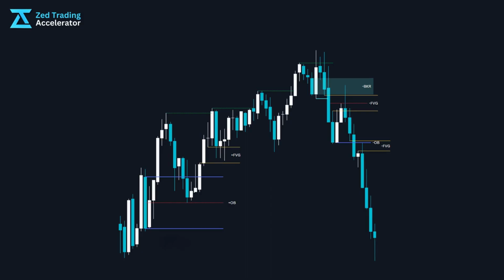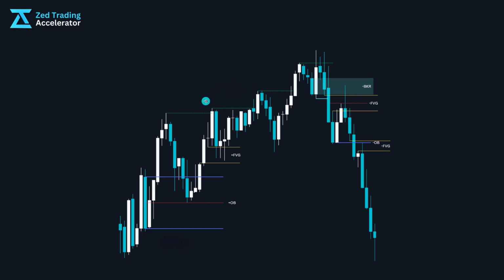We want PD arrays to be respected just like this one. When you see a beautiful reaction just like this, it is a very good confluence for us to see higher prices. And as we can see right here, price continued higher once again.